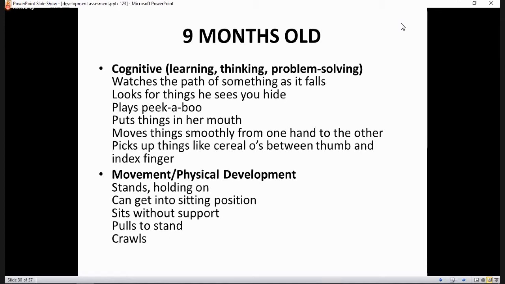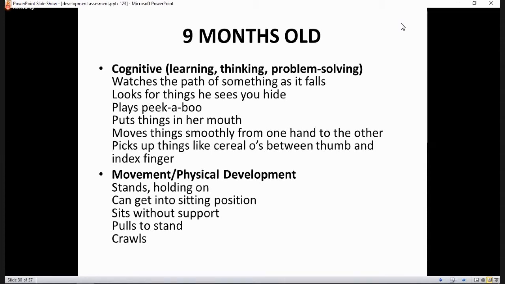The 9-month-old child moves things smoothly from one hand to another. Picks up things like cereal between thumb and index finger. It is called rattle holding.